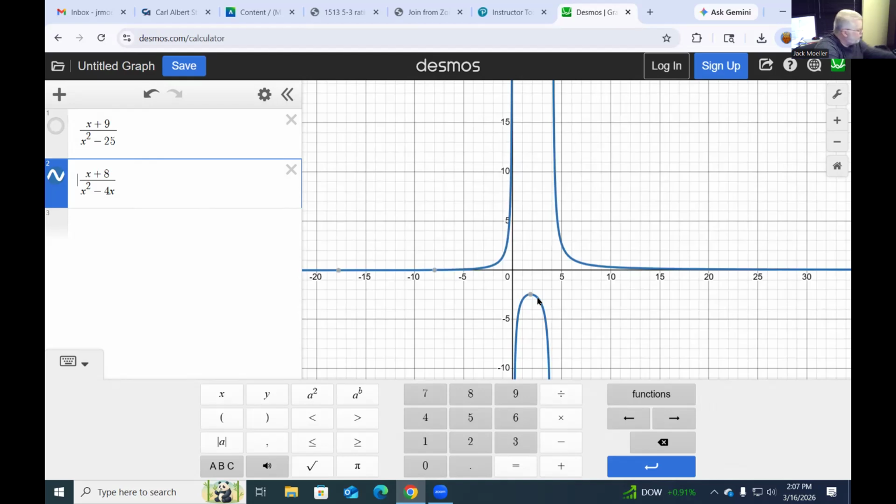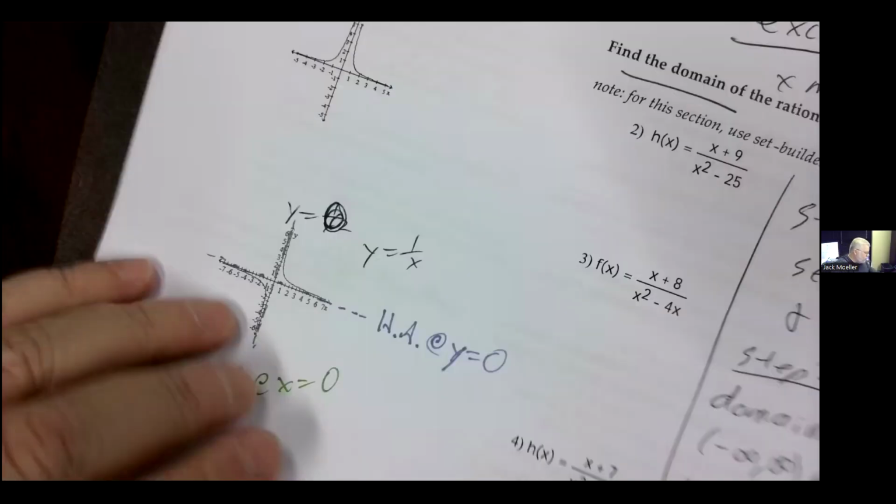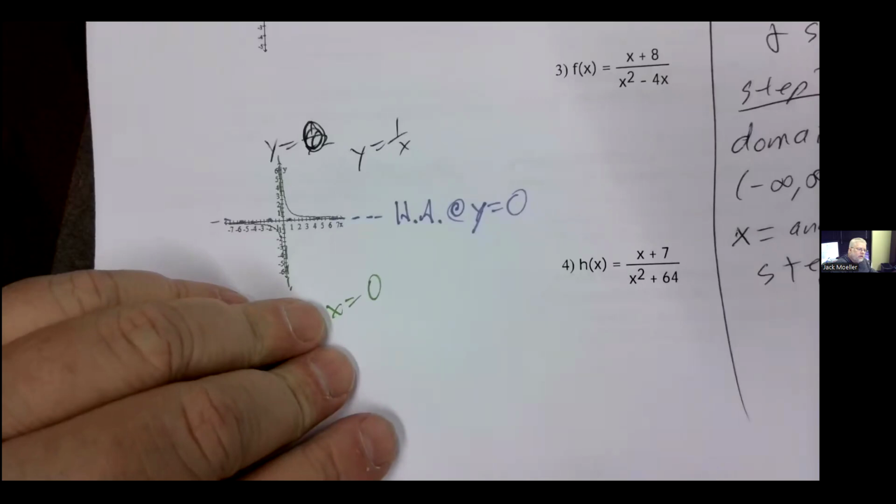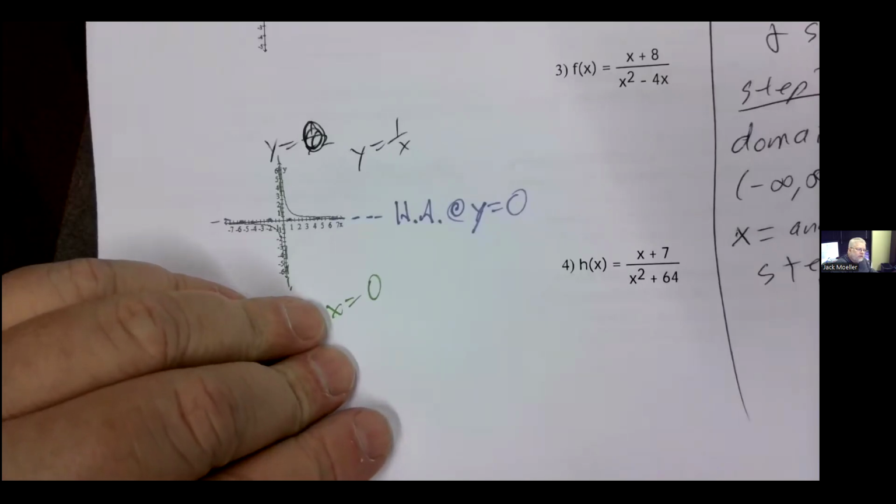All right. What about number 4? We have h of x is x plus 7 over x squared plus 64.